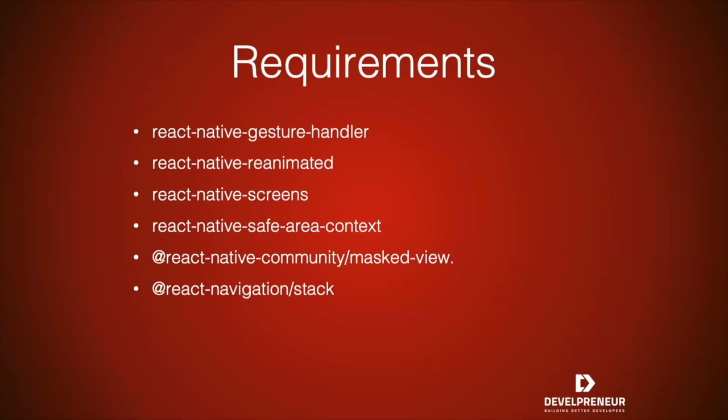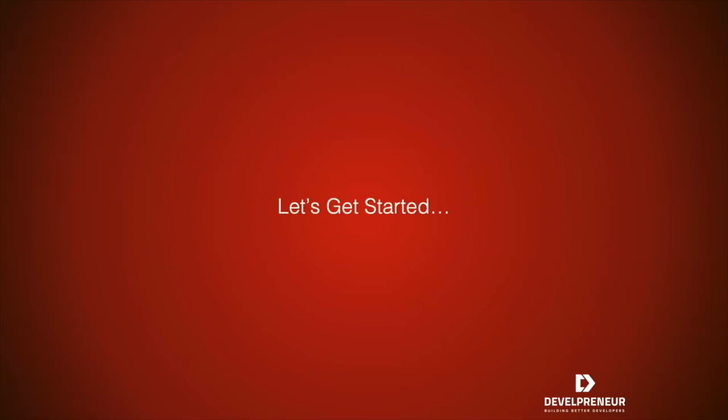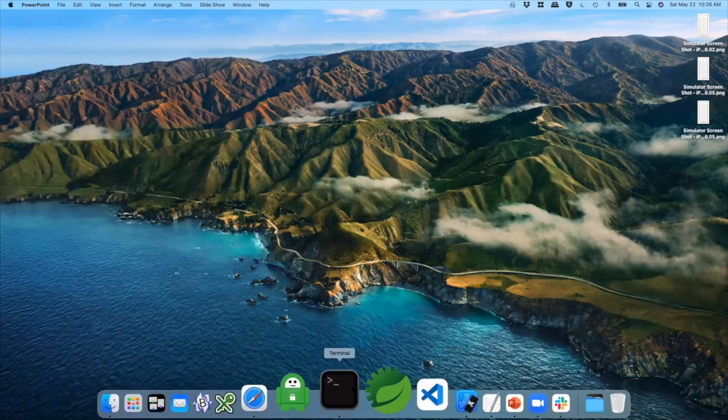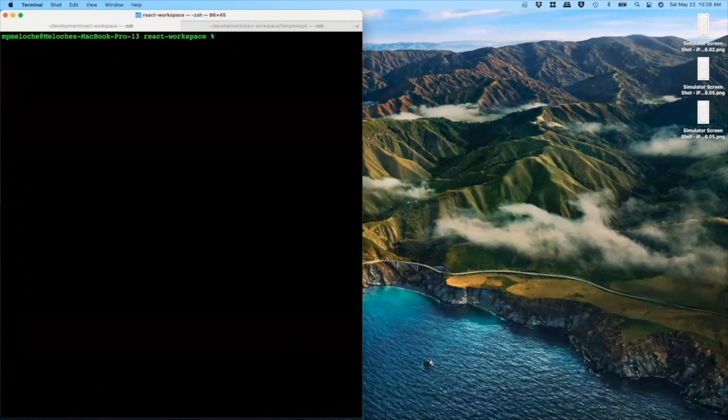Now, we're going to jump out and actually get started with the hands-on presentation. I'll open up my console here. To install our dependencies, if we are using Node, we're going to use npm.